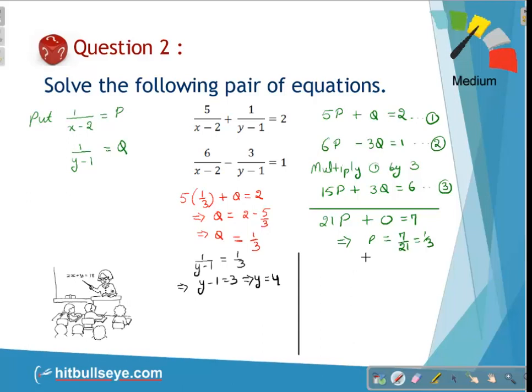Similarly, I'll be replacing p as 1 upon x minus 2 equals 1 by 3 and get the value of x minus 2 equals 3, so x equals 5. I hope students, now this method of solving linear equations is very well clear to you.